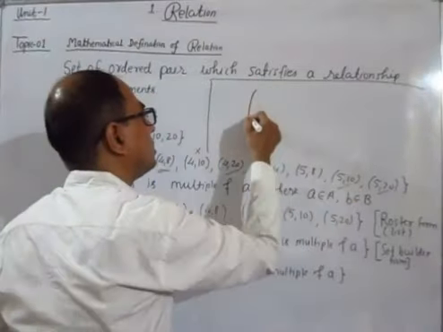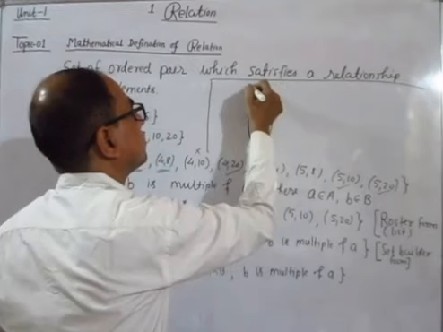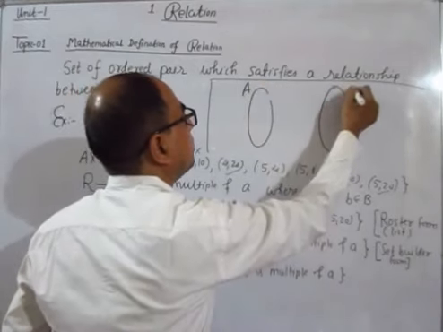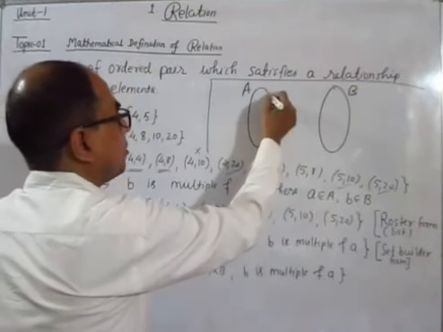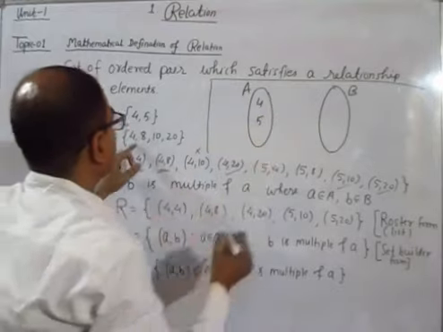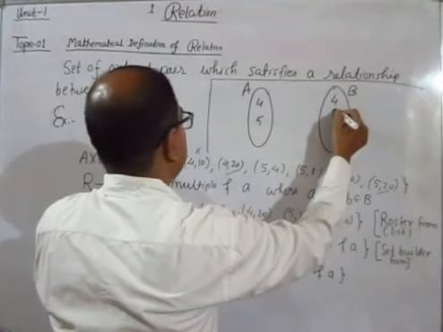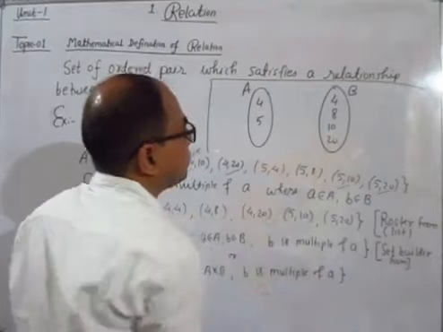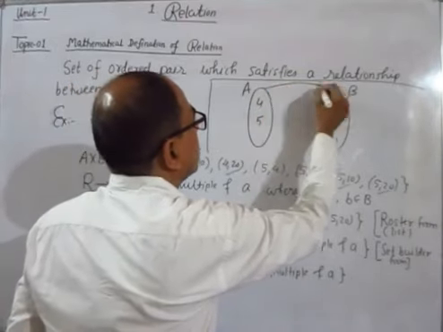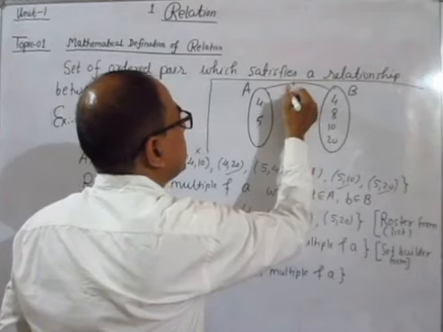Suppose this is set A and this one is set B. Elements of set A are 4, 5. Elements of set B are 4, 8, 10, 20. Now what is the relation?